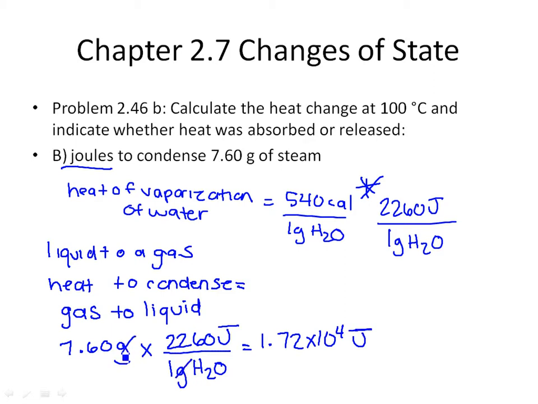This is the heat change required for 7.60 grams of steam to be condensed. In this situation, we're going from a gas to a liquid, and this requires cooling. Just like when we froze something, when you have to cool something, we're releasing heat.